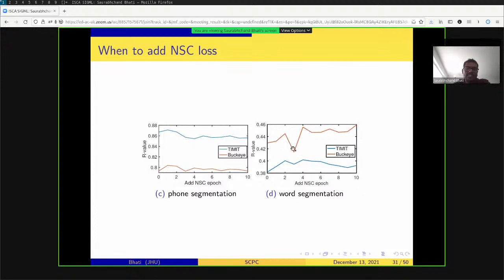One of the seeds performed really, really badly. So I will try to rerun it and see if it's the seed, or if there is something at the third epoch that is really degrading the performance, or if it's just a random run that happens to be really bad. But waiting for 1 or 2 epochs for the frame level model to train and then adding the segment level loss seems to be better for both phone segmentation and word segmentation.